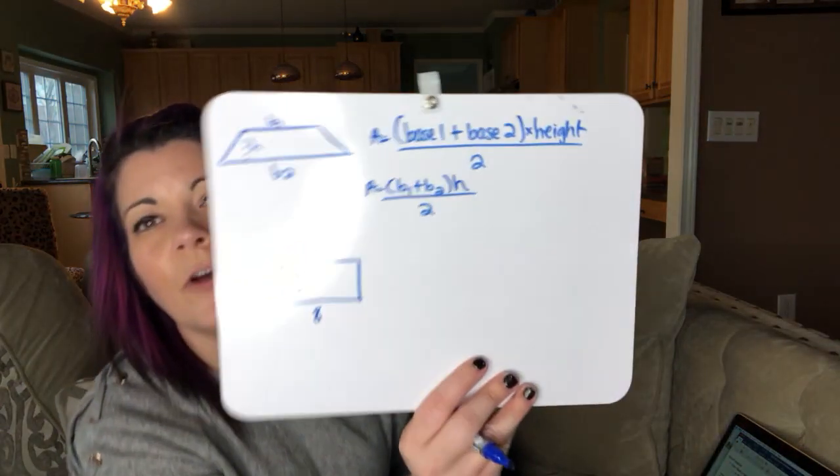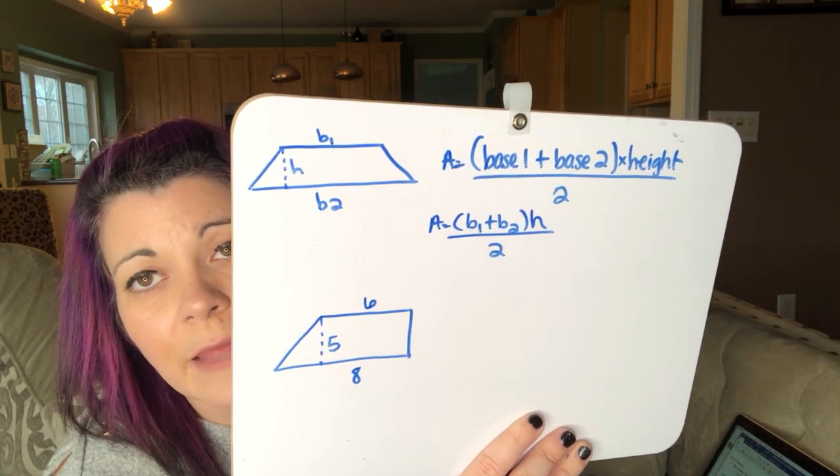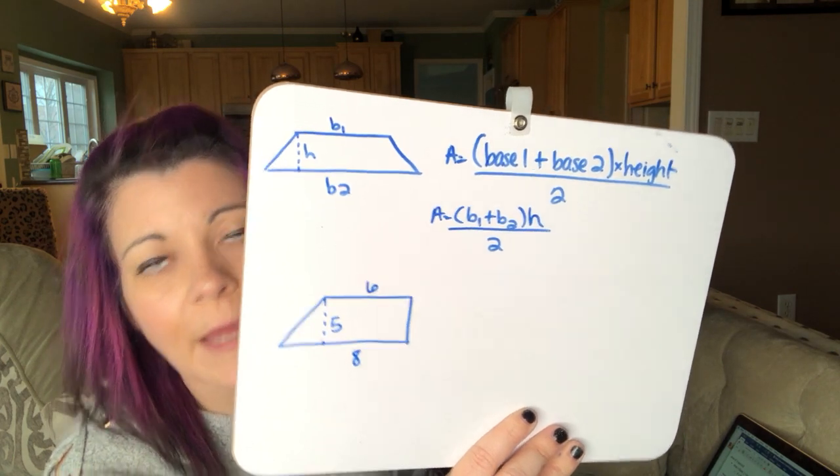Let's do another one, just to make sure you have it. So base 1 is 6, base 2 is 8. Add them together, multiply by the height of 5, and then all divided by 2.